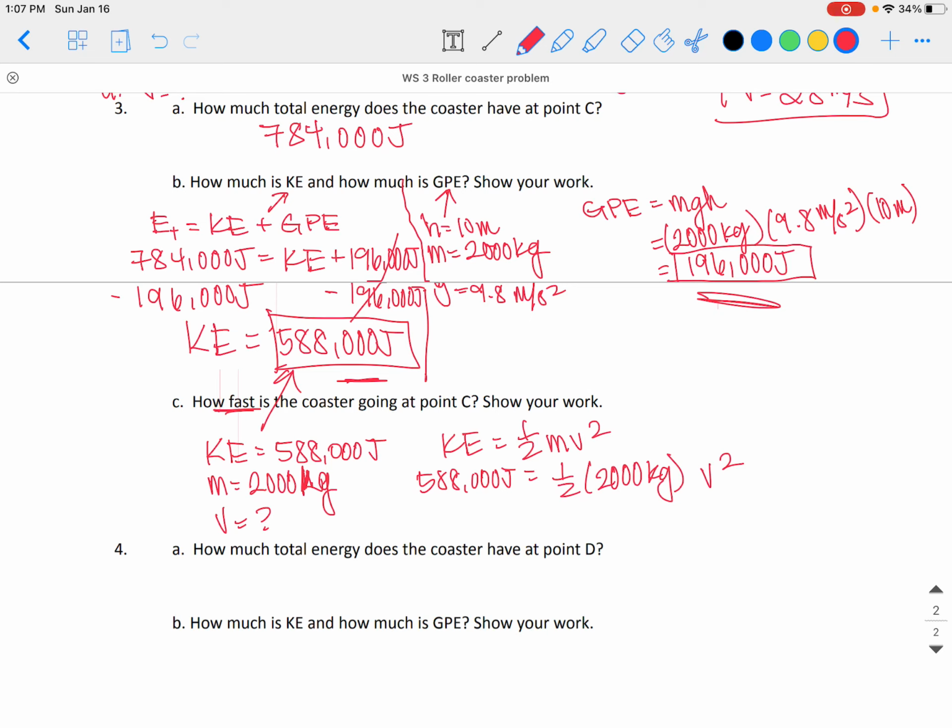We're going to do the same thing where we divide by 1,000, because we know 1/2 of 2,000 is 1,000. This cancels out.